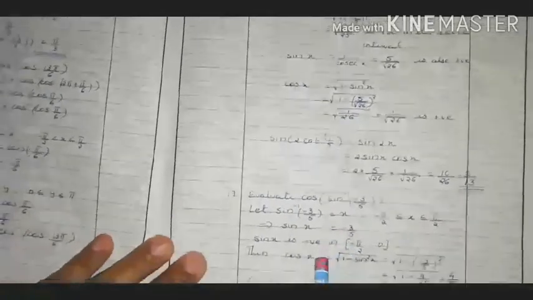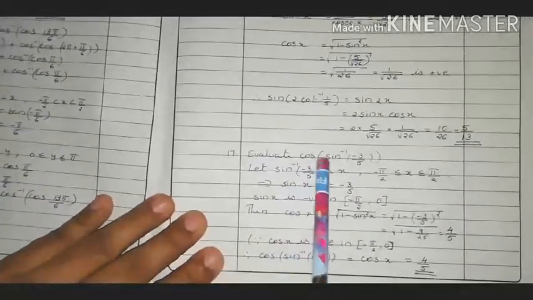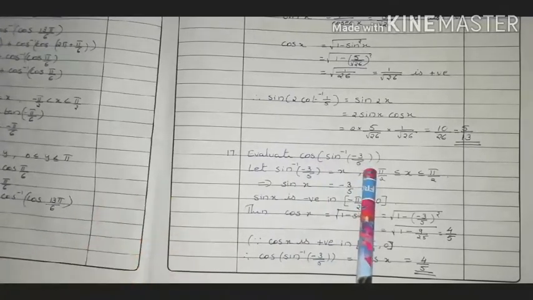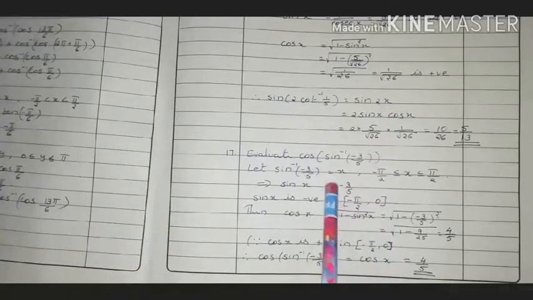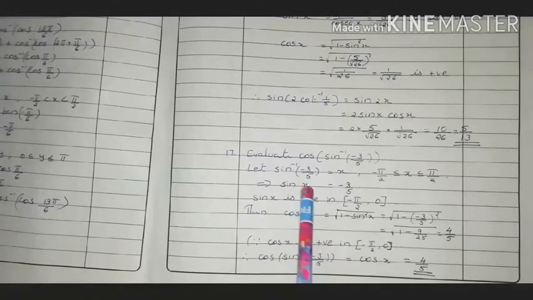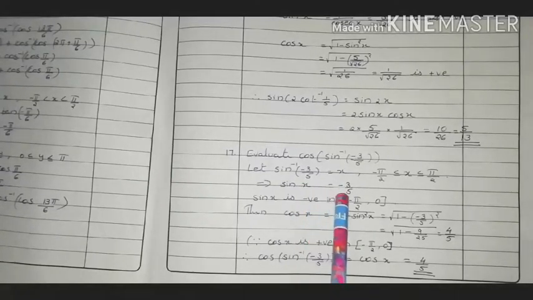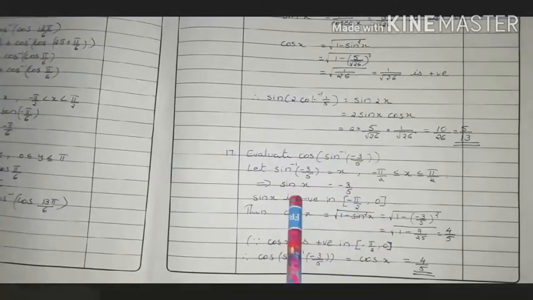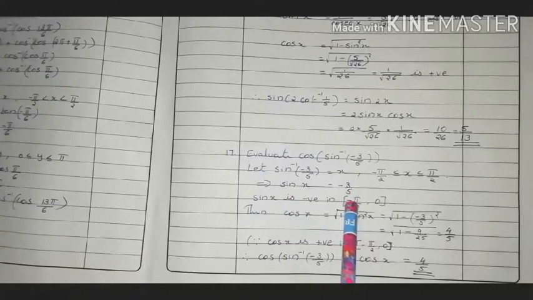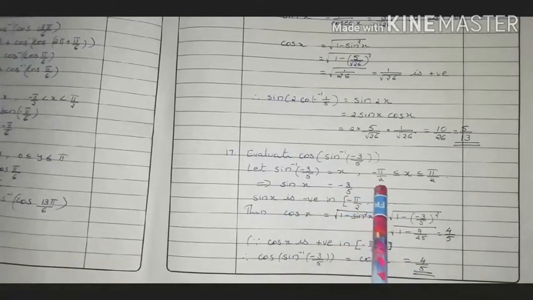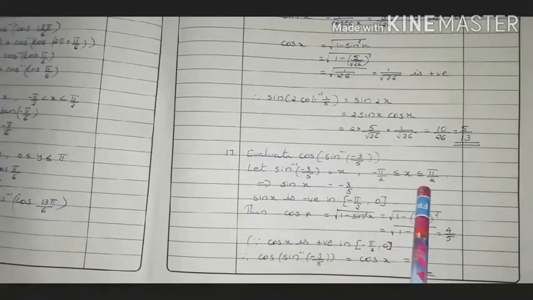Next question, cos sin inverse minus 3 by 5. Similar question. Sin inverse minus 3 by 5 is equal to x. We can write sin x is equal to minus 3 by 5. Here the principal value is minus pi by 2 less than or equal to x less than or equal to pi by 2.